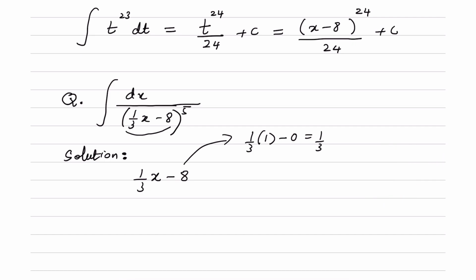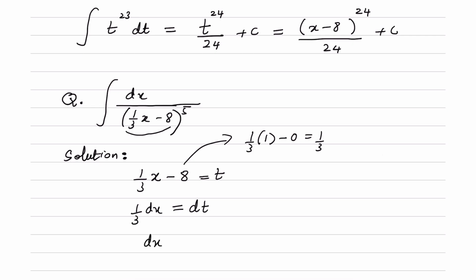So again we are going to pick 1 over 3x minus 8 equal to t, because the derivative of 1 over 3x minus 8 is 1 over 3, and 1 over 3 is a constant, it will be adjusted later. And now we find the differential: 1 over 3 dx minus 8 differential is 0, because the differential of a constant is the same as the derivative of a constant, which is 0, is equal to the differential of t, which is dt.